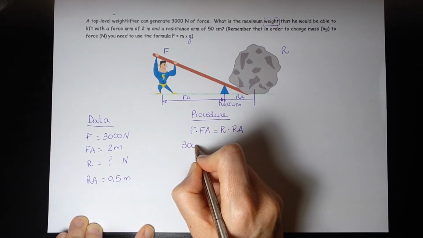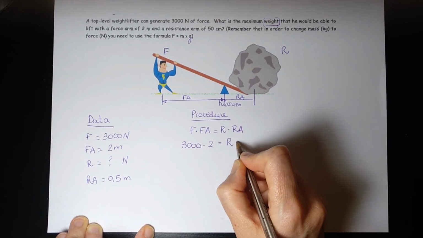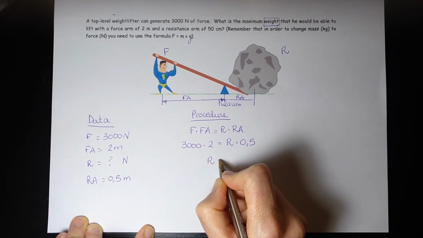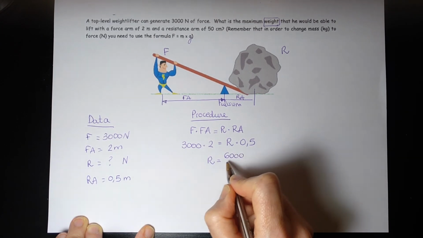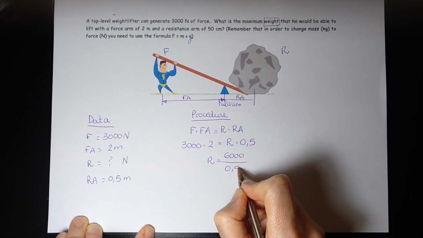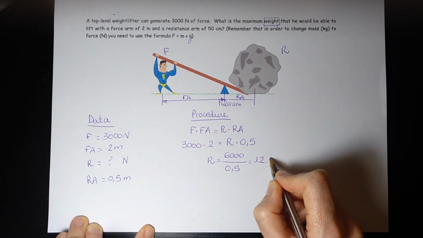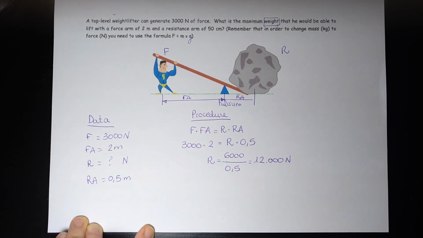So 3,000 times 2 equals R times 0.5. The solution would be 6,000 over 0.5, whose solution is 12,000 newtons.